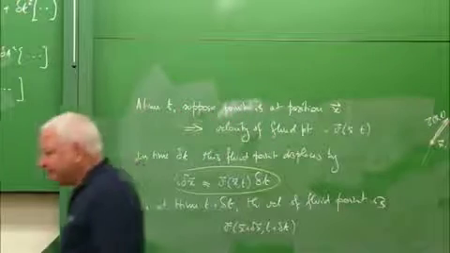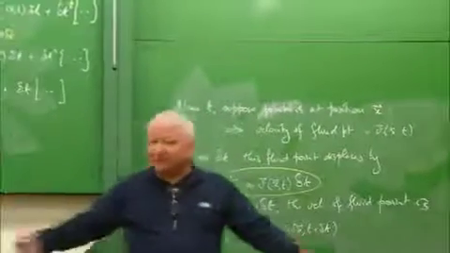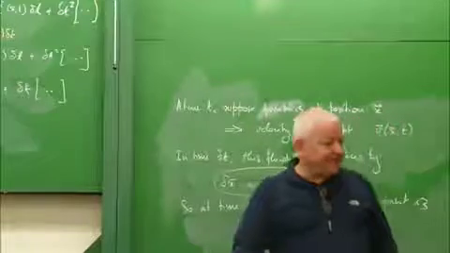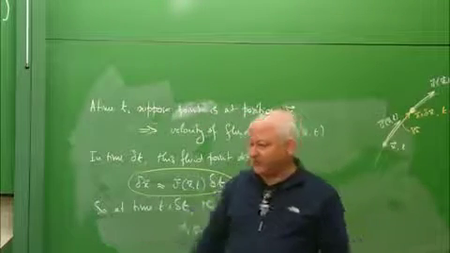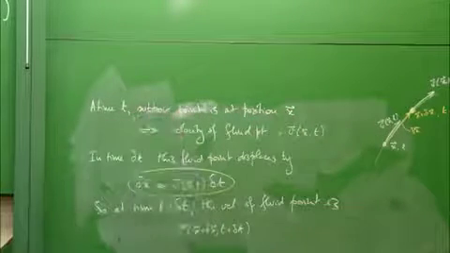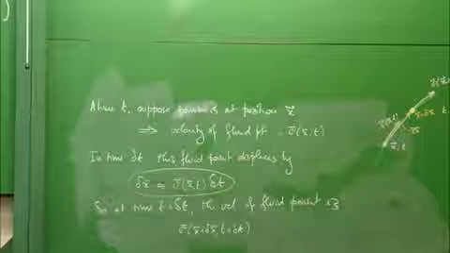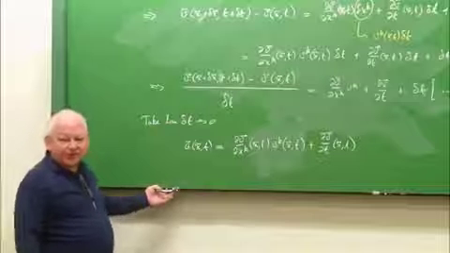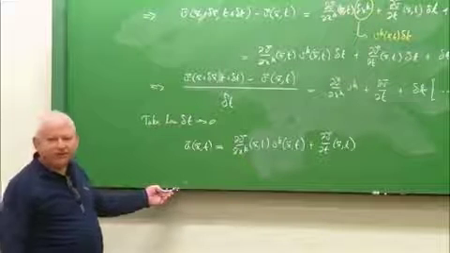Function of x and y. If you have a function of any number of variables and you differentiate with respect to one of the variables, partial derivative, what do you get? It's a function of the same set of variables. And so what you get here is a function of x and t. Everything on the right-hand side is a function of x and t. And so we get a field of acceleration.